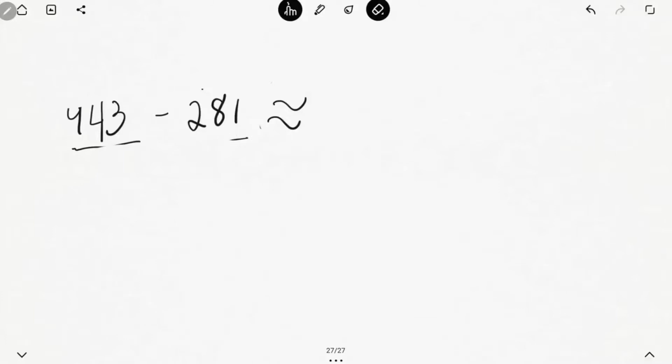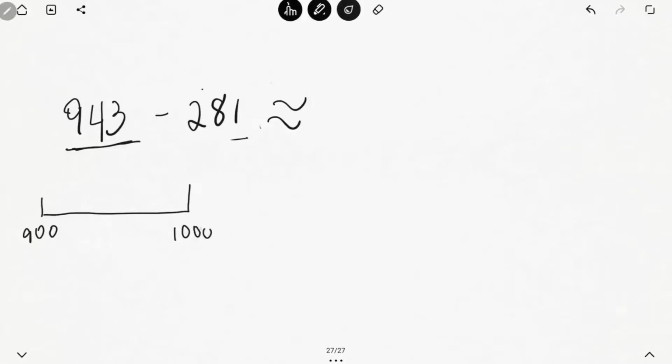Based on everything we learned, I'm going to go through it with you again. If we're trying to round 943 to the nearest hundreds, the hundreds number before 943 would be 900, and the hundreds number after 943 would be 1,000. Between them, we'd have 950, the middle number between 900 on this side and 1,000 on this side.